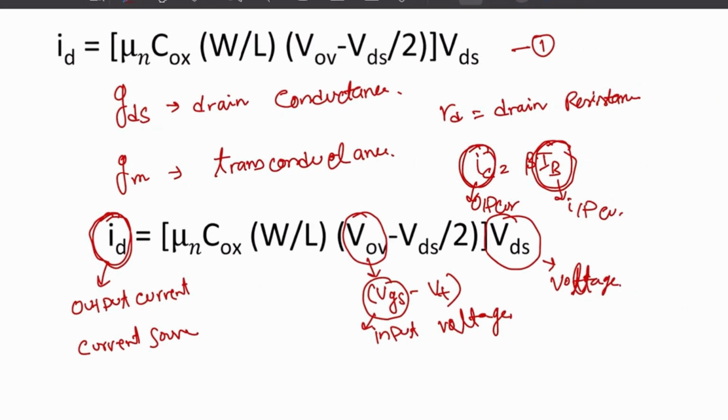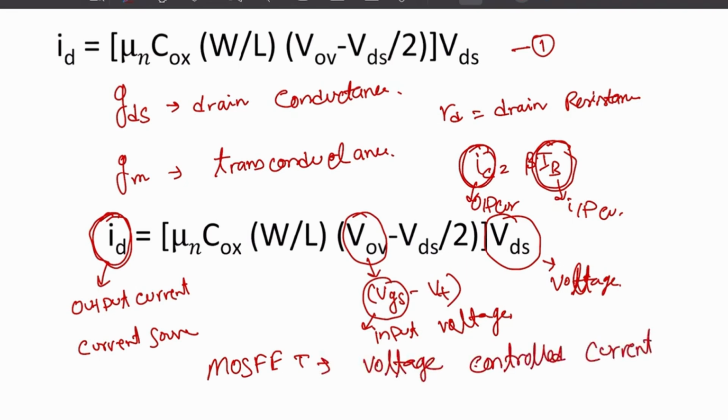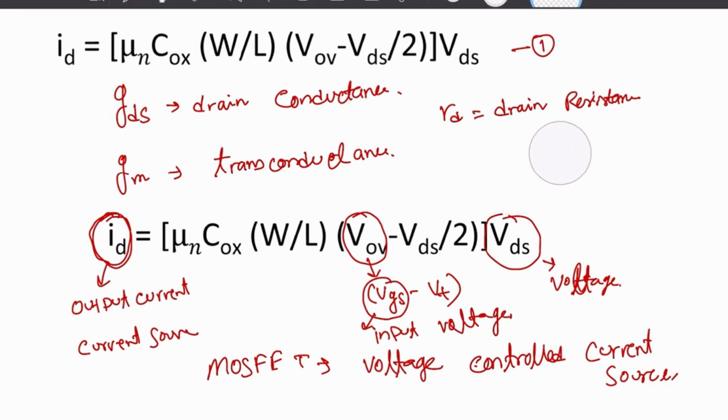So we can say the MOSFET is a voltage controlled current source, as the output current is controlled by the input voltage. You can easily correlate with the transistor: the transistor is a current controlled current source, so the MOSFET is a voltage controlled current source. And I also have a video on the op-amp. If you saw that video, you can see the op-amp is a voltage controlled voltage source.